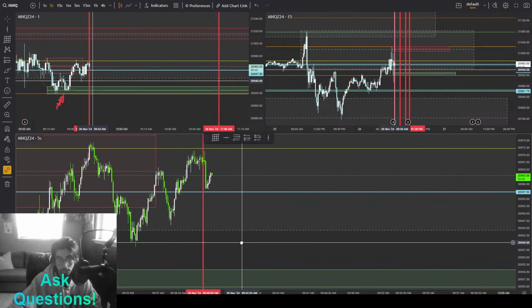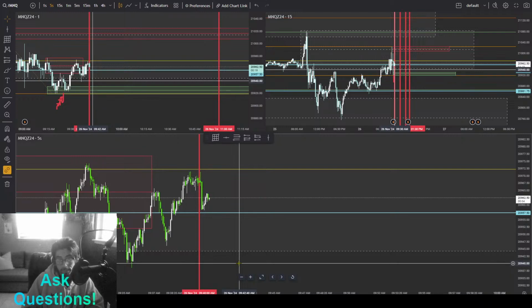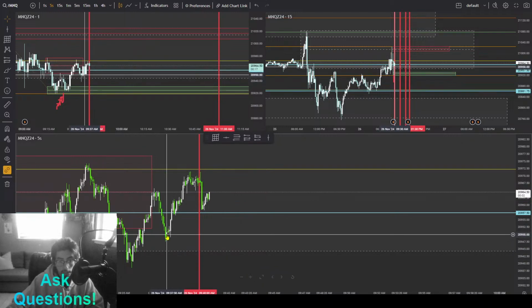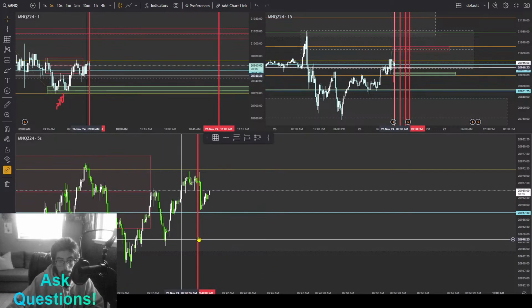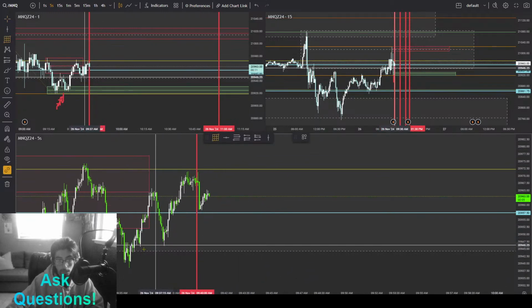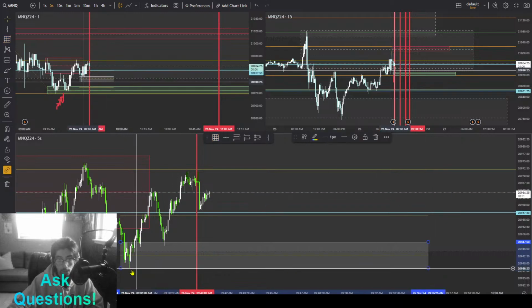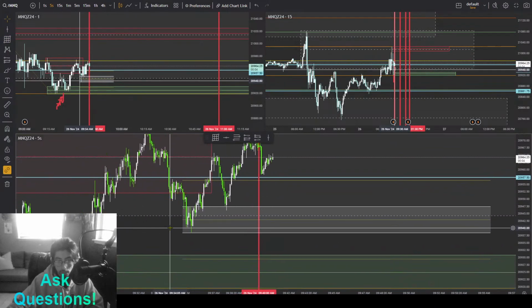Let's see. I would say this is a zone right here, but there's not a proper sweep, so I'll just skip it. This is a zone here. It's something I normally would trade. It's a little too minuscule though.